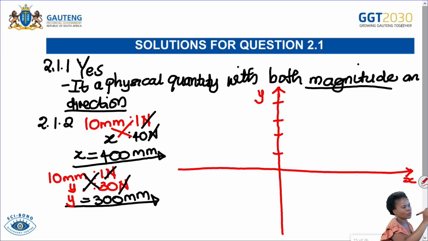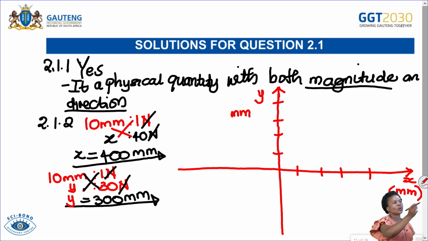Let's make it on the other side too: 1, 2, 3, 4. So given this to be in millimeters, and given this to be in millimeters, that means that you use the millimeters on your ruler.